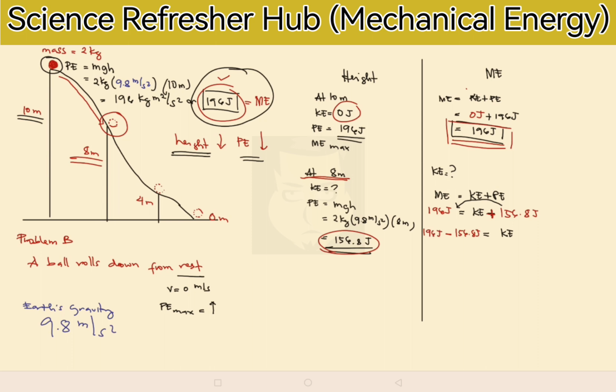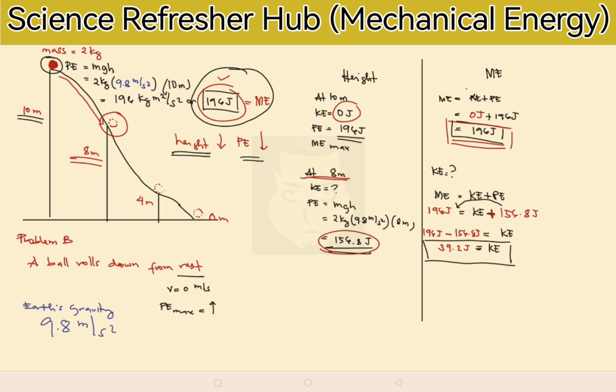We will subtract the potential energy from the mechanical energy. 196 minus 156.8. The answer is 39.2 joules. So obviously that's going to be the kinetic energy. Okay, kinetic energy when the object is moving at 8 meters.